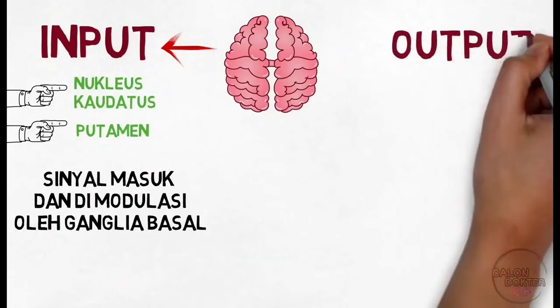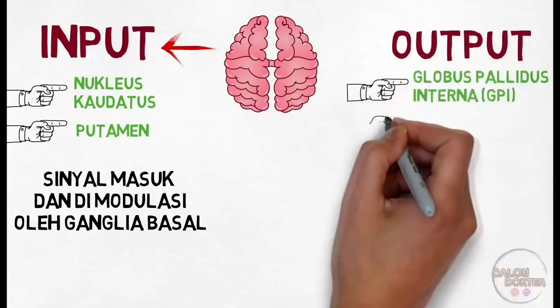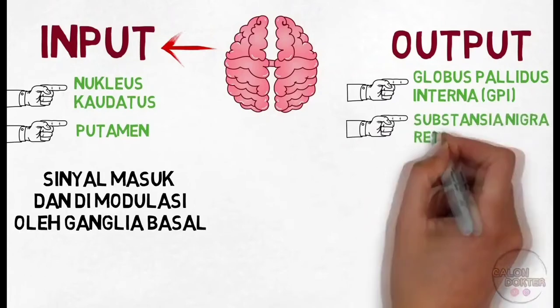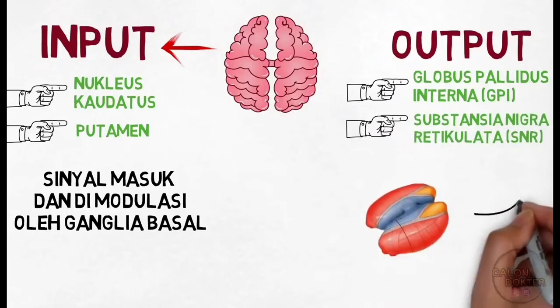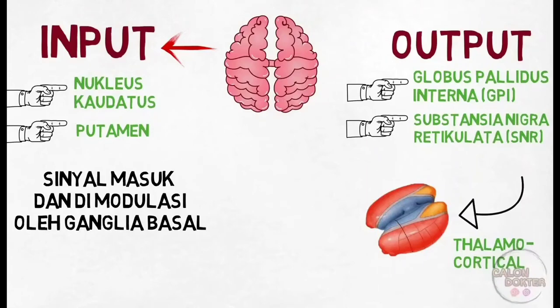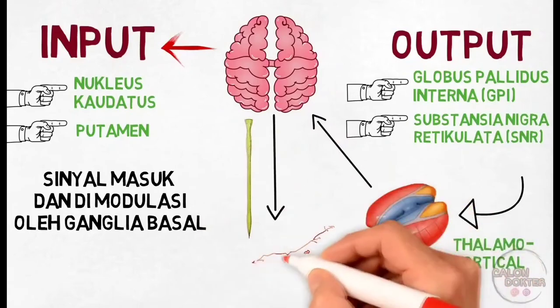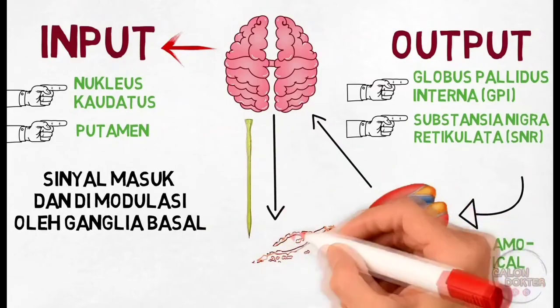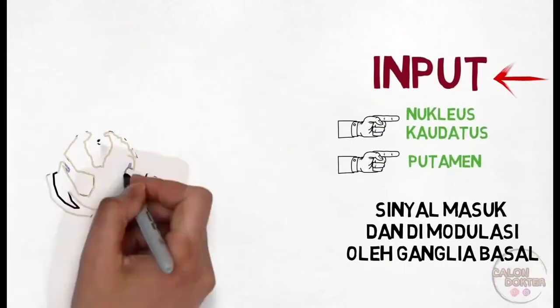Setelah itu, terdapat juga bagian output yang terdiri dari globus pallidus interna dan substansia nigra pars reticulata, di mana setelah sinyal dimodulasi, maka akan berjalan keluar dari bagian output ganglia basal menuju ke korteks melalui talamus atau melalui jalur talamokortikal. Kemudian, dari korteks, barulah sinyal akan dijalankan menuju efektor, yaitu otot melalui medula spinalis.